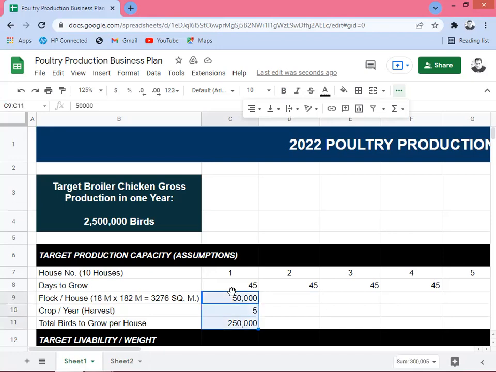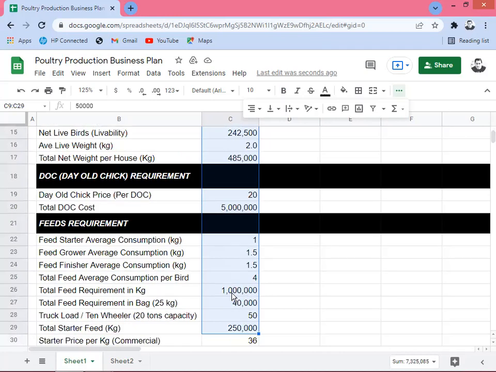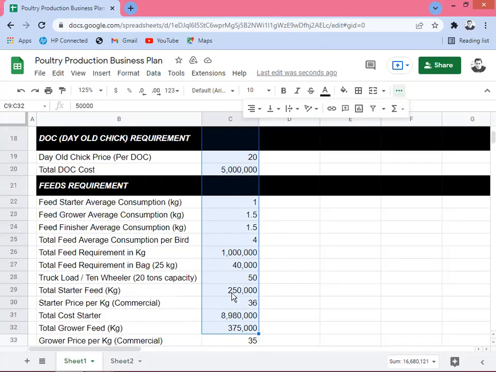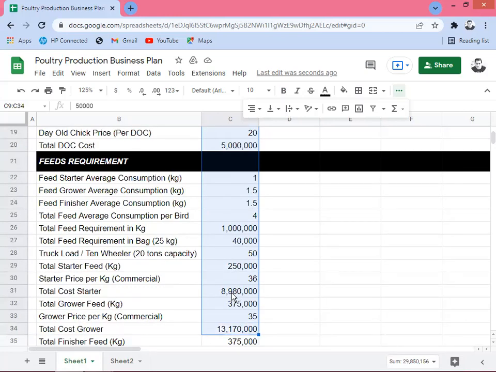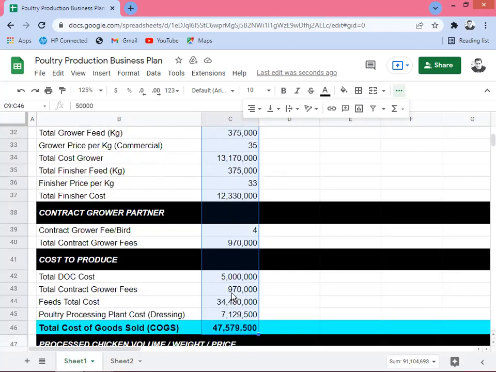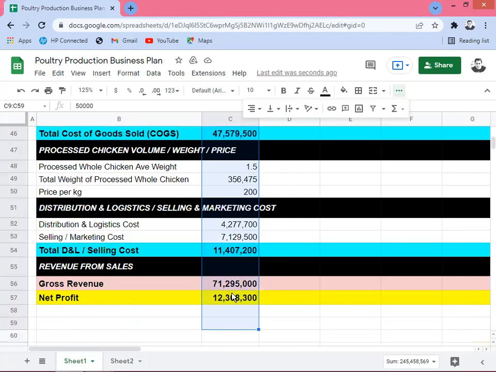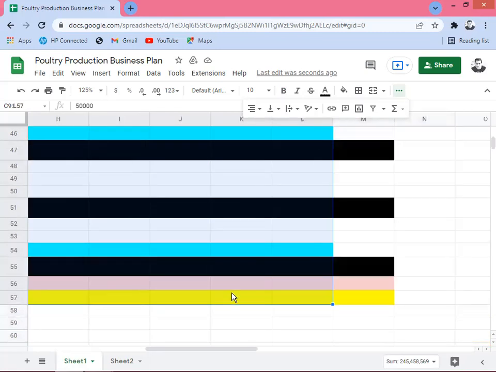That's why I put absolute cell references on the prices, the starter price of 36, grower price of 35, because we're going to copy it to the right, and there will be no errors in our copy and paste. Okay, up to house number 10.